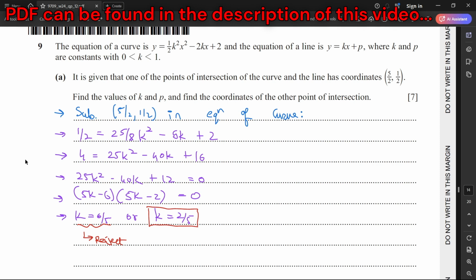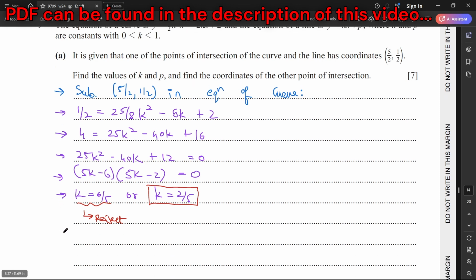And I can say that now substitute k is equals to 2 by 5, x is equals to 5 by 2, y is equals to half in equation of line. And that is going to give us p. Again, I'll go back to my purple color.